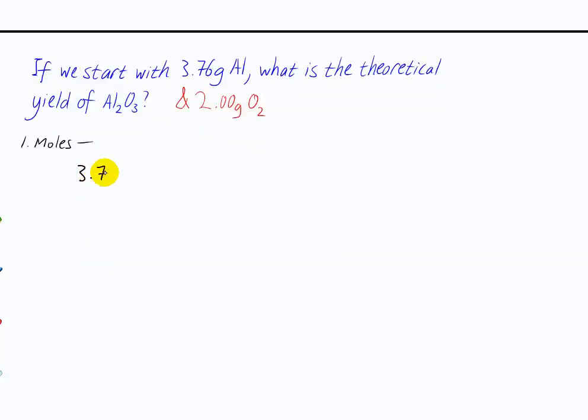So we take 3.76 grams of aluminum times 30 grams per mole. And what do you come up with here? Divided by 3. Everybody get this?